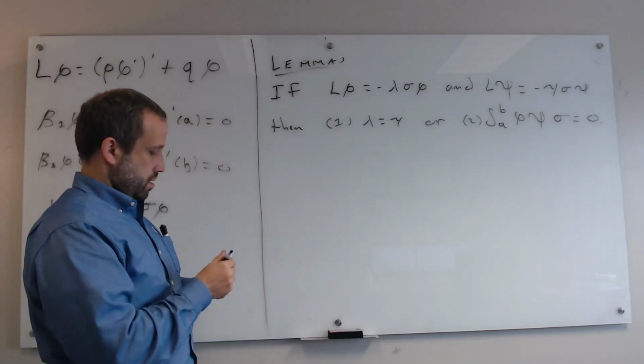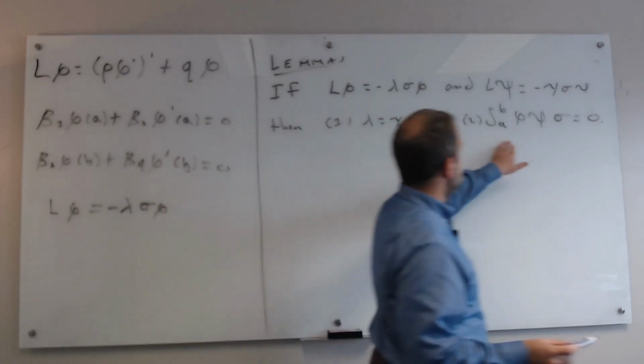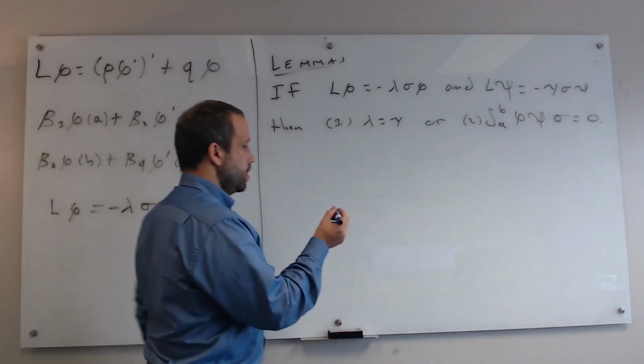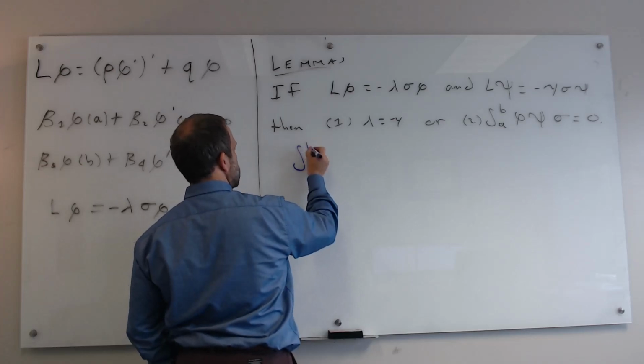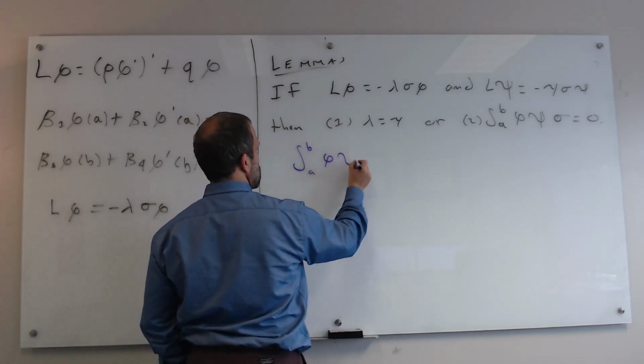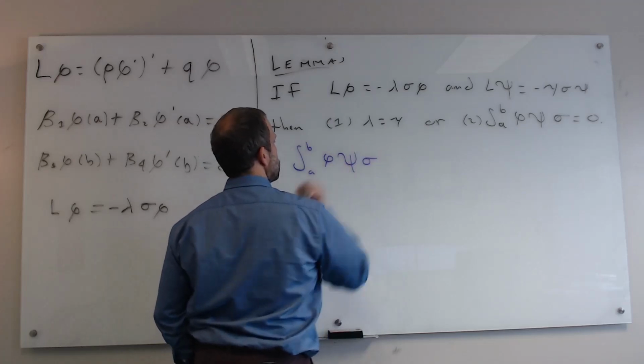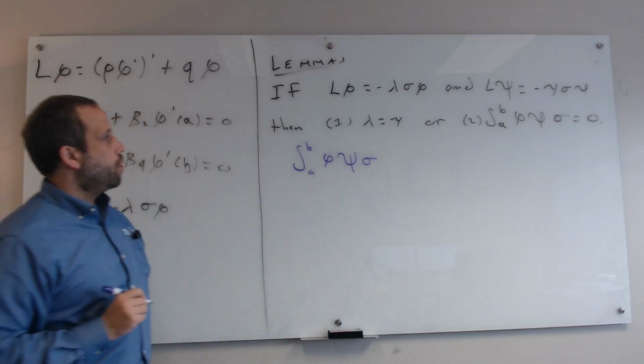So I want to know something about this integral here, so that's what I'm going to do. I'm going to start by computing the integral from a to b of phi psi sigma. Well, what do I know about psi?